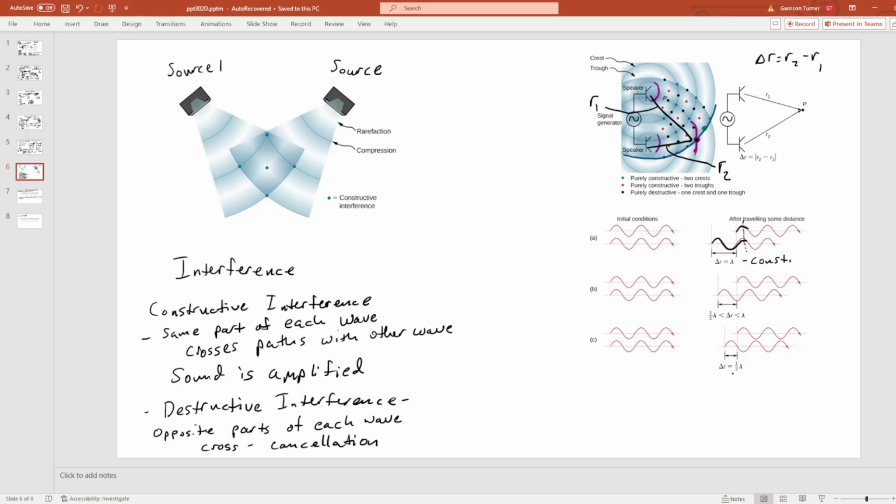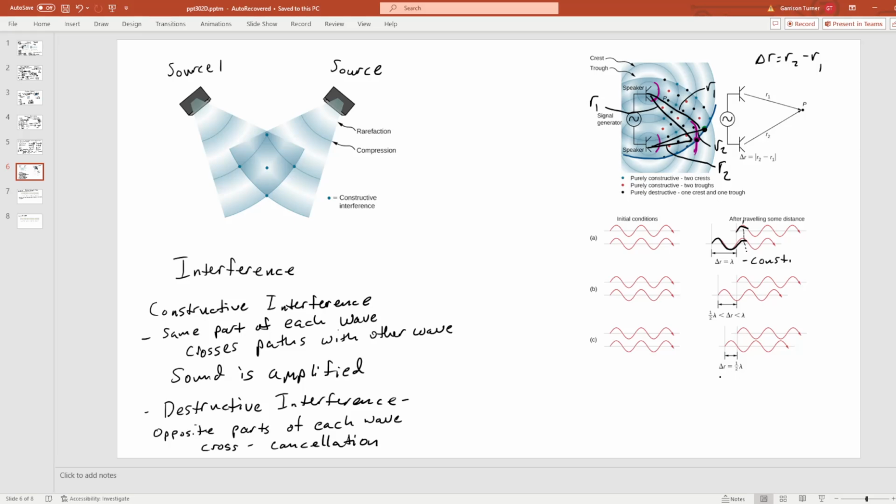Okay? On the other hand, where the crest from speaker 1 meets the trough of speaker 2, this is now R1, and this is now R2. And to destructively interfere, you have to be out of phase by exactly half a wavelength.